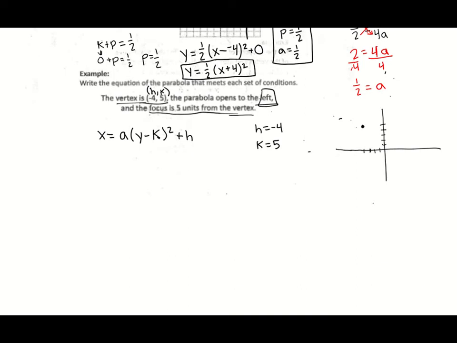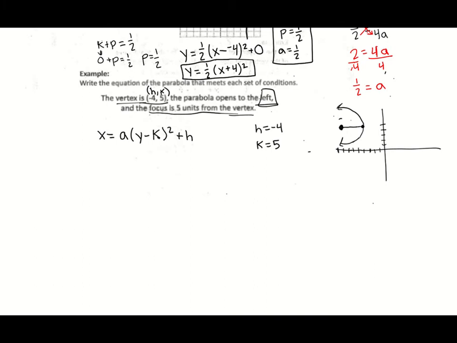This right here is my vertex. My parabola is opening to the left. That means it's going to look like this. My focus has to be inside there. My focus is 5 units from the vertex. So I'm going to go another 5 over. 1, 2, 3, 4, 5. My focus goes right here.